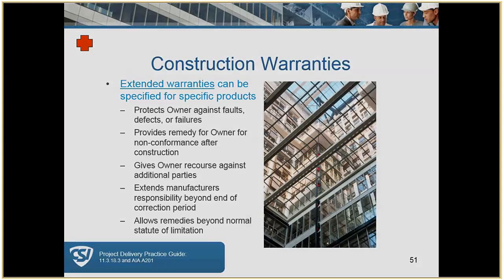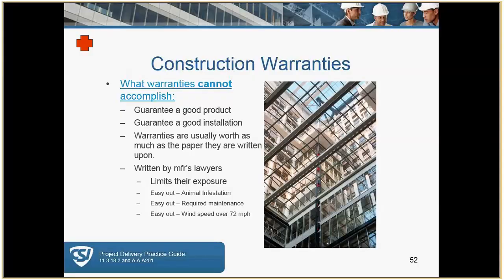Keep in mind that warranties cannot guarantee a good product. They cannot guarantee a good installation, and they're usually worth as much as the paper they're written upon. Again, they're written by the manufacturer's lawyers to limit their exposure. I gave you the example of the animal infestation.